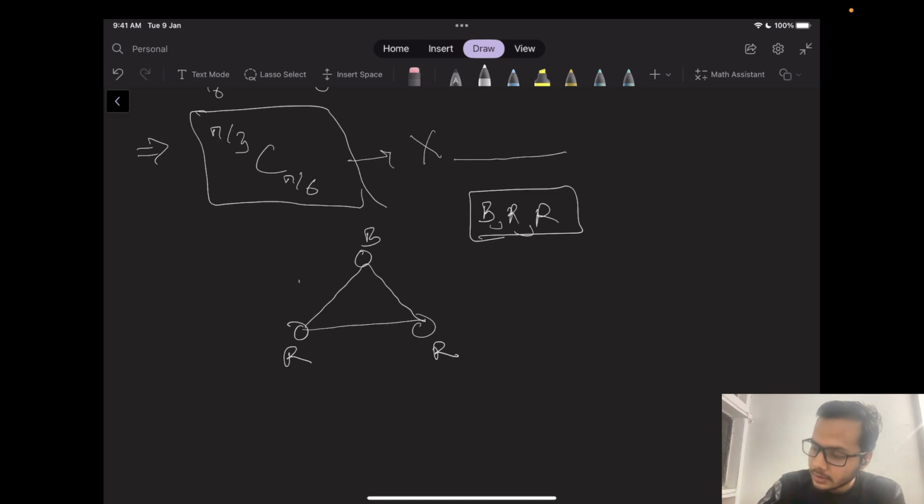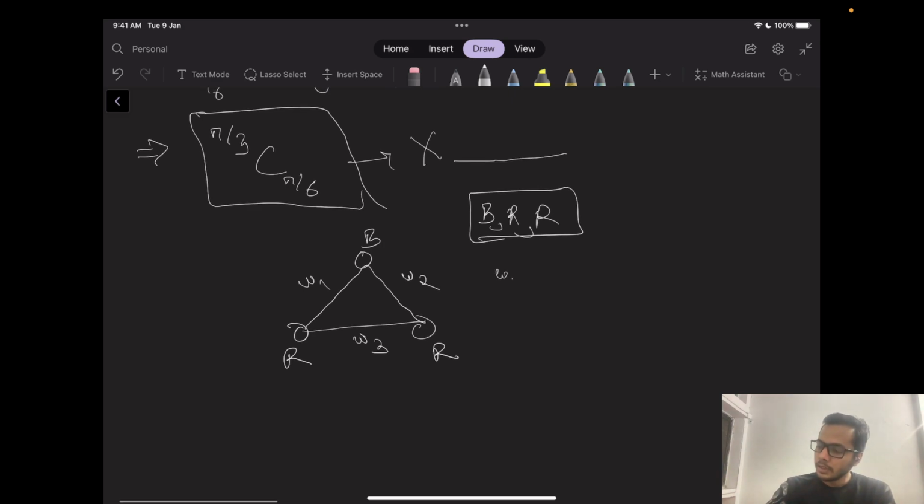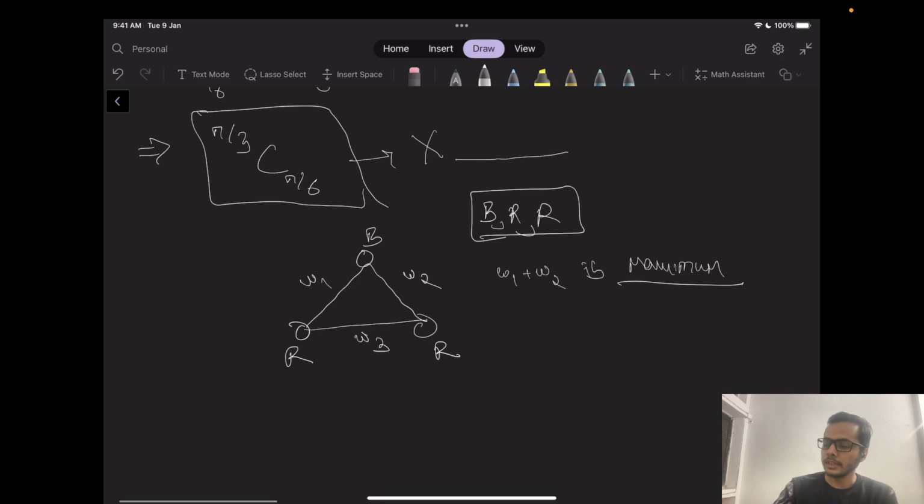Our goal is to color it in such a way, let's say this is W1, this is W2, this is W3, that W1 plus W2 is the maximum possible. So out of these three edge weights, you take the two maximum edge weights and you color that corresponding vertex as blue and you color the remaining vertices as red.